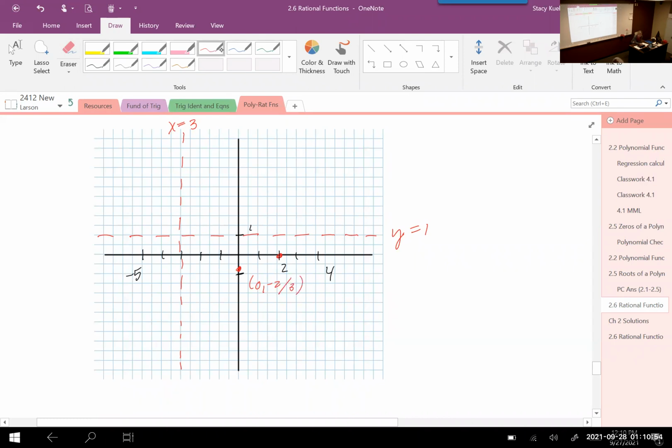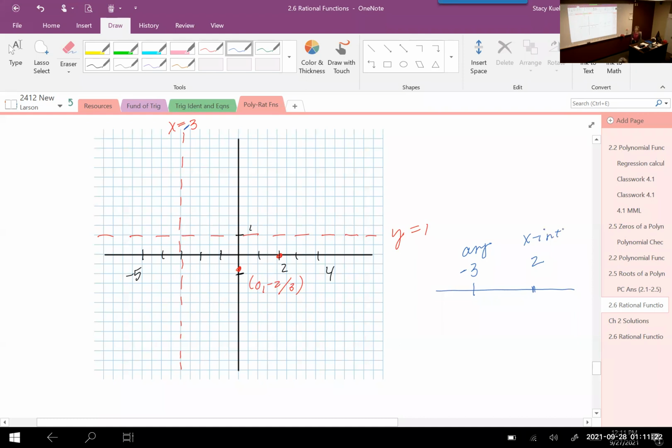Now let's test some points. Remember, this is where we're kind of zooming in on that x-axis. And I'll just stay in this area here so we can kind of see it. I have an asymptote at x is equal to -3. I have an x-intercept at +2.